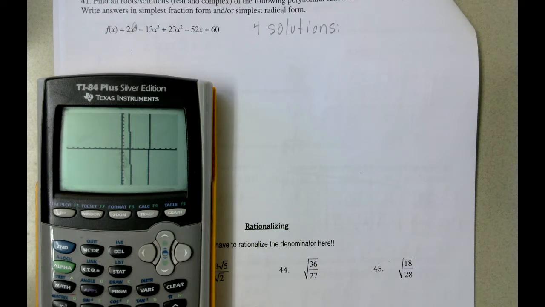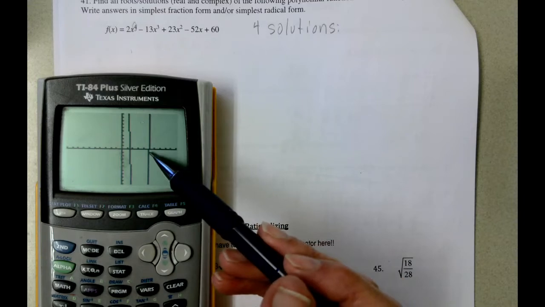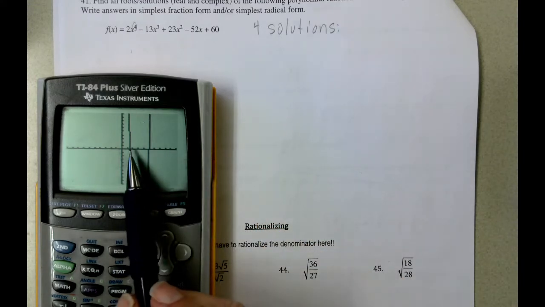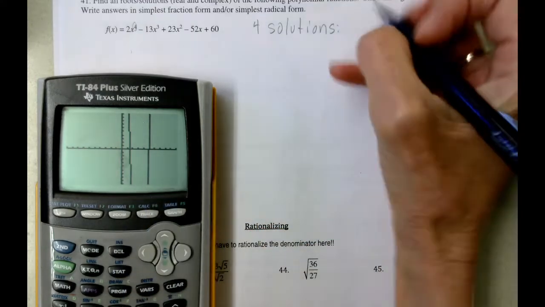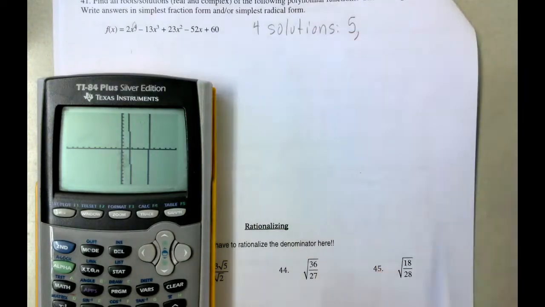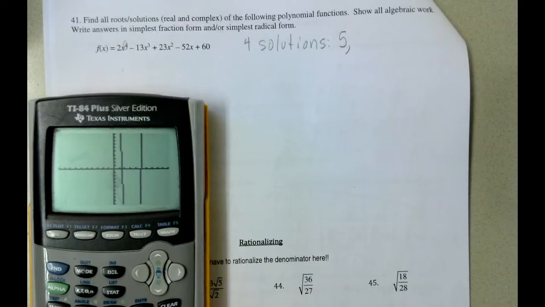The thing about this one is that we can't see everything, but what we can see is 2 of the 4 solutions. I'm going to start with this particular solution right here, which looks like it is 1, 2, 3, 4, 5. So 5 is going to be my first solution that I'm going to write down.